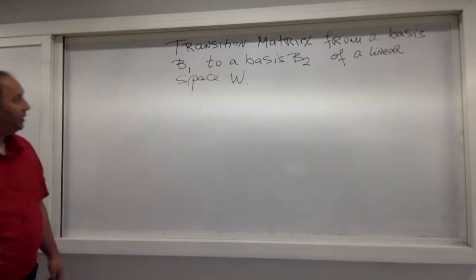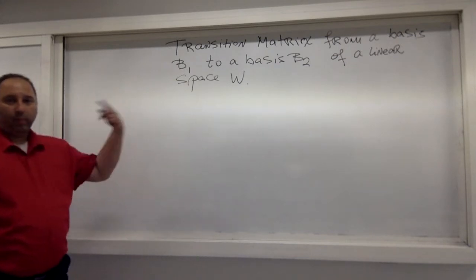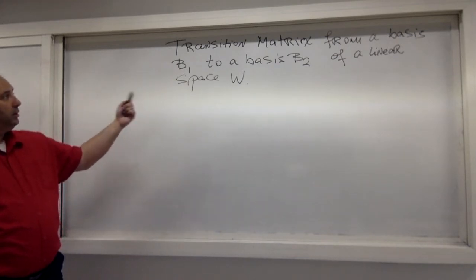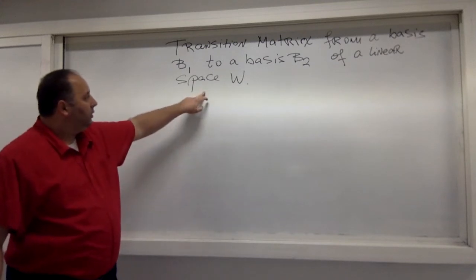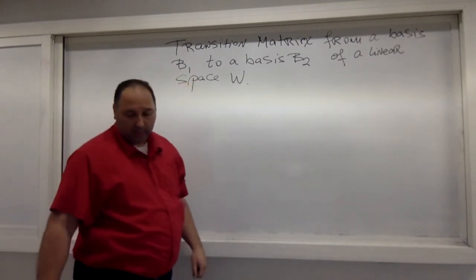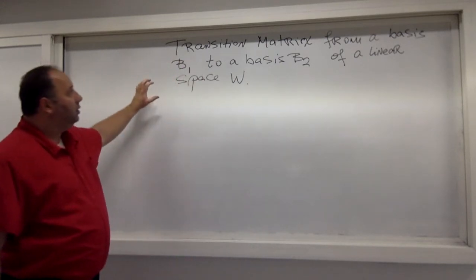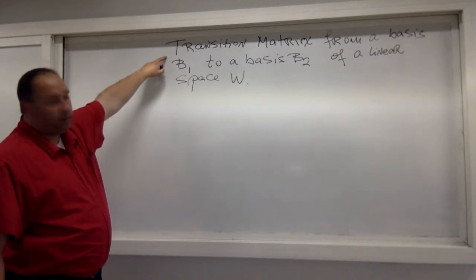We have a linear space, we have two bases for the linear space, and we would like to jump from one basis to another, from coordinates in one basis to coordinates in another basis. So what do we do? The smart way would be to actually build this transition matrix.